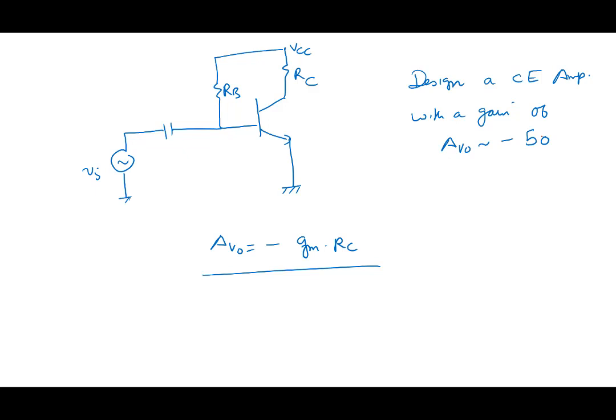Design a circuit with an open circuit gain of minus 50, and he says, but I want to run the whole thing on a pencil cell, 1.5 volt supply voltage.